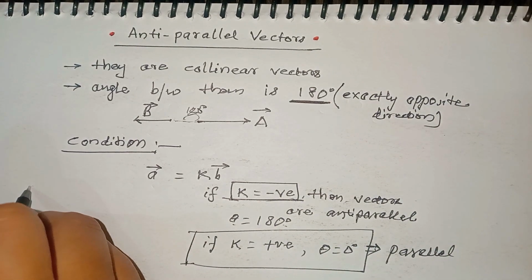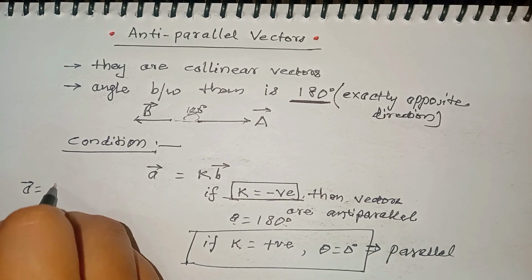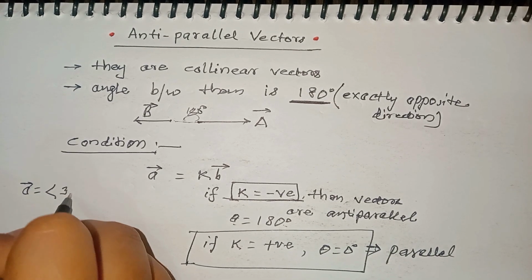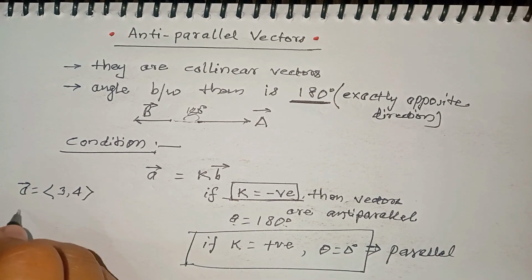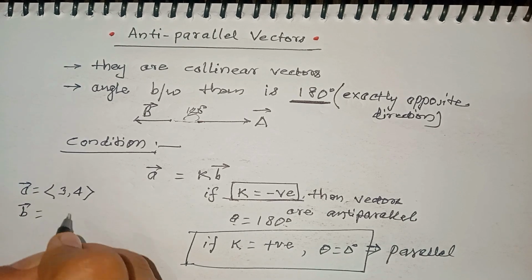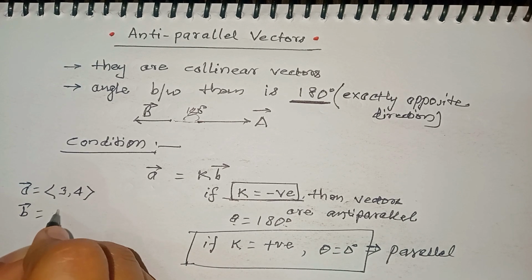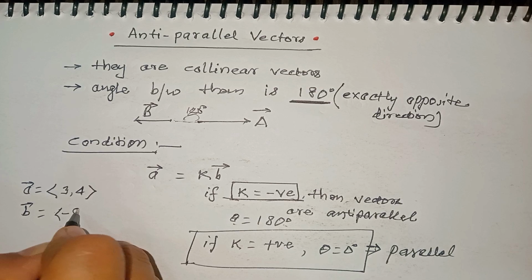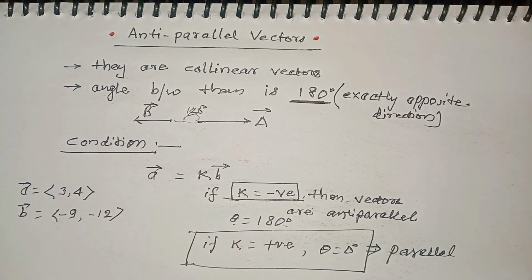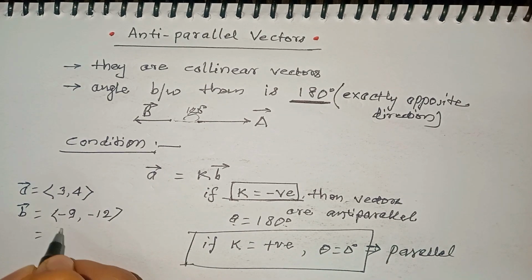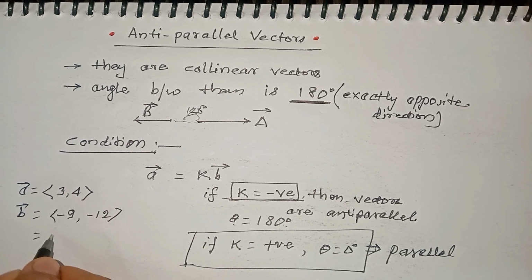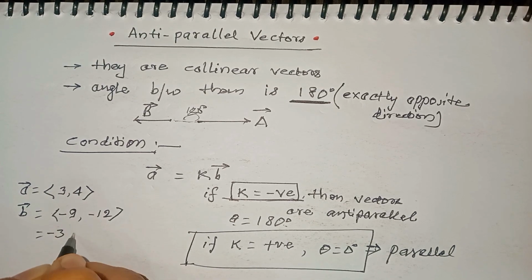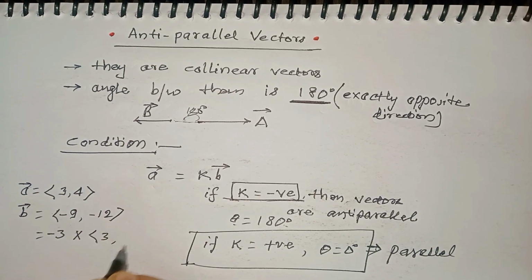Let us take an example. Suppose vector A equals 3 and 4, and vector B is minus 9 and minus 12. Then vector B can be further expressed as minus 3 taken as common, into 3 and 4.